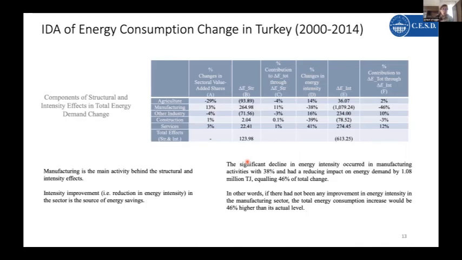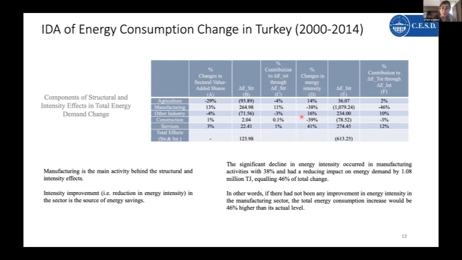So the components of the structural and intensity effects are also valuable to give us some more insight about the change. As I explained before, the highest increase in energy consumption during that period occurred in services and other industry. However, when we look at the structural and intensity components, we see that the increase actually came from the increase of energy intensity in these two sectors.